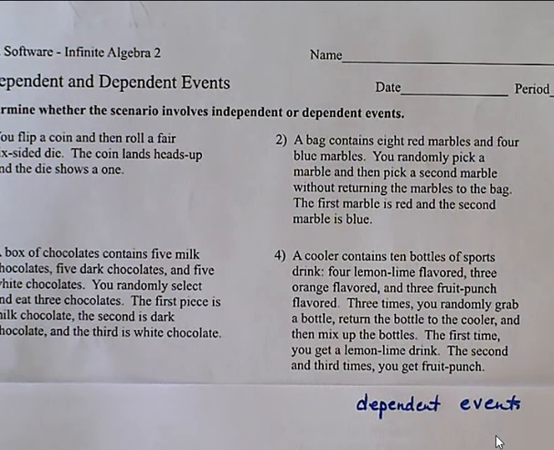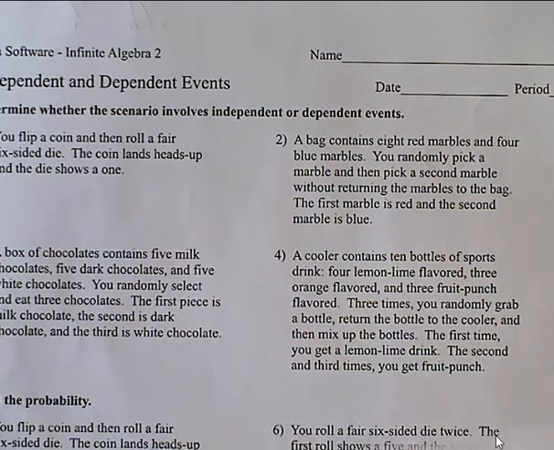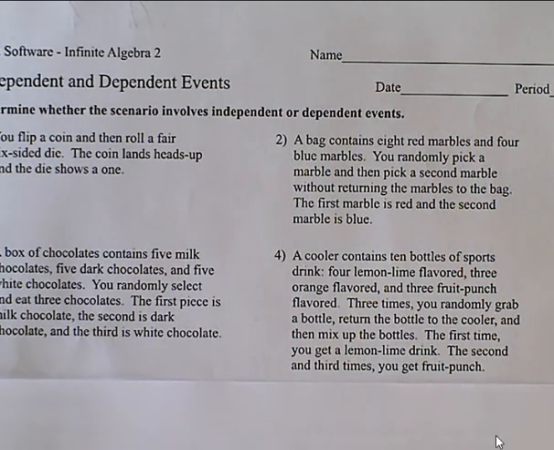Now, number 4, similar situation. You have a cooler that contains 10 bottles of sports drinks. 4 are lemon lime, 3 are orange flavored, 3 are fruit punch flavored. 3 times we're going to choose a drink, look at it, return it to the cooler, grab another one, look at it, return it to the cooler, and then do that a third time as well.